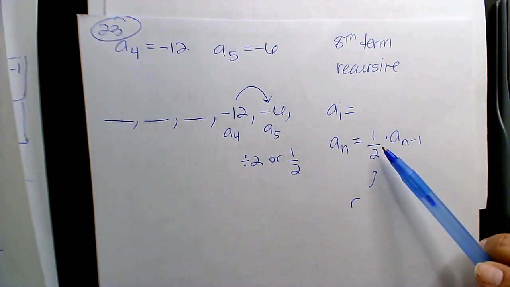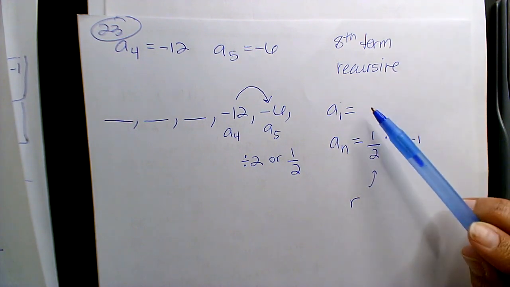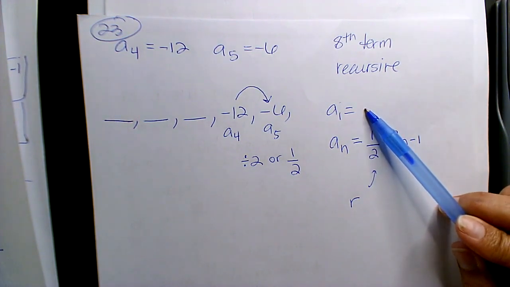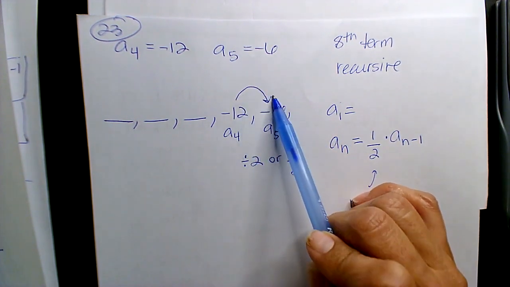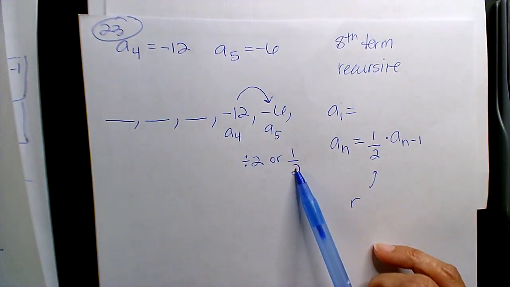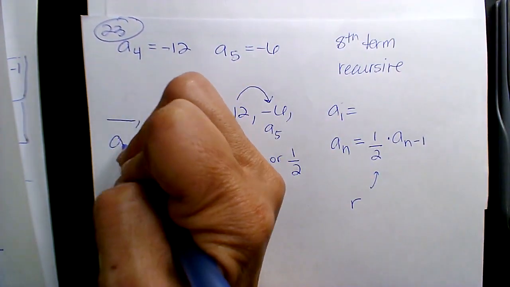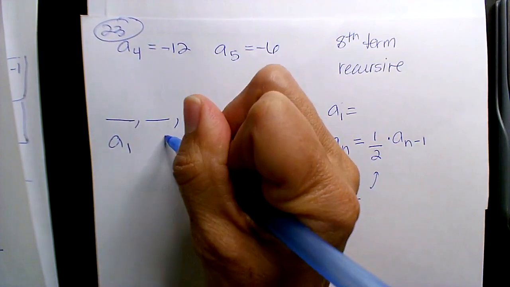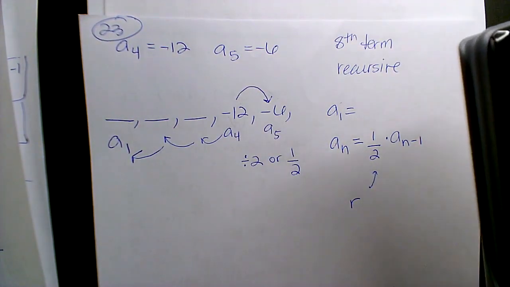Remember, recursive is the nth term is the common ratio times the prior term, and then this is the first term. Okay, so if you guys are dividing by 2 going forward, or multiplying by 1/2, going backwards because you want a1, what are you going to do going backwards? Times 2.